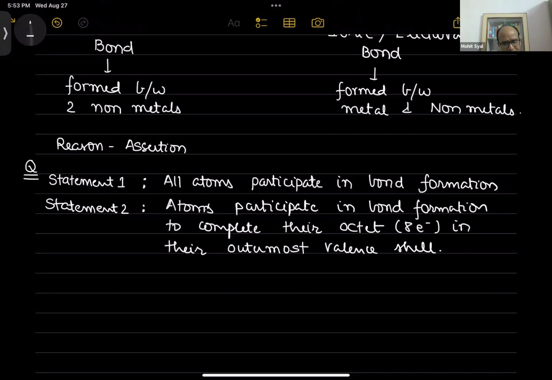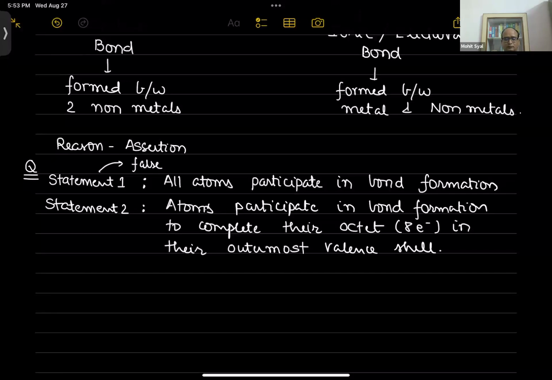Is it clear? So do all atoms participate in chemical bond formation? The answer is no. Many atoms, but not all. So statement 1 is false.